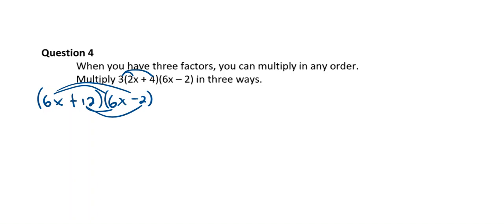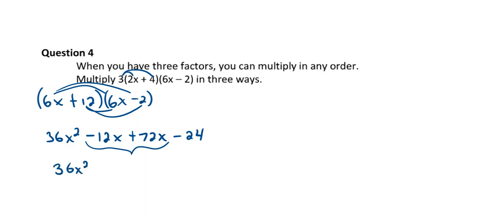So then 6x times 6x is 36x squared. 6x times negative 2 is negative 12x. 12 times 6x was 72x. And then 12 times negative 2 is going to be negative 24. Okay, and then I'll collect my like terms. We'll get 36x squared plus 60x, and then minus 24.